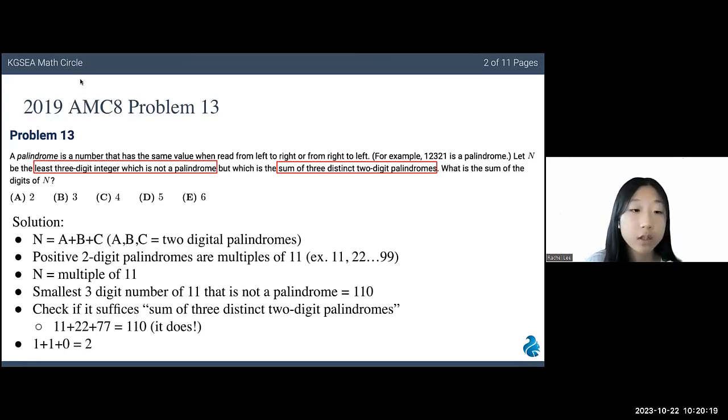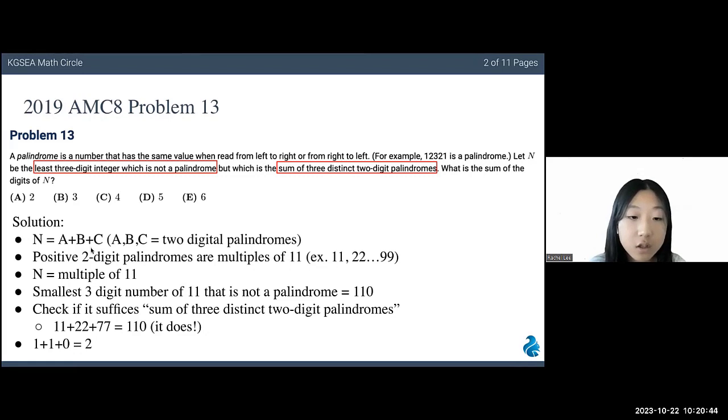So n can be represented as a plus b plus c, where a, b, c are all two-digit palindromes. The positive two-digit palindromes are all multiples of 11, because numbers like 11, 22, up to 99 are all multiples of 11. So we can say that n is also a multiple of 11.